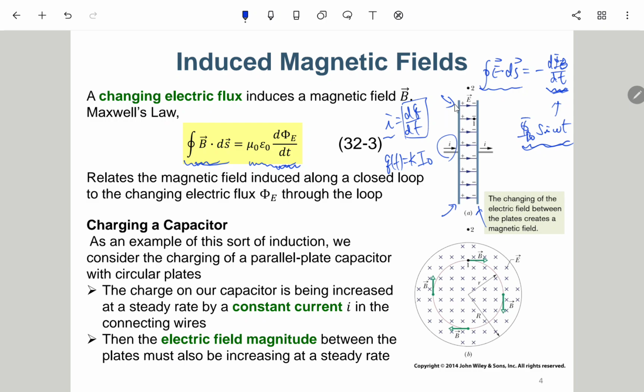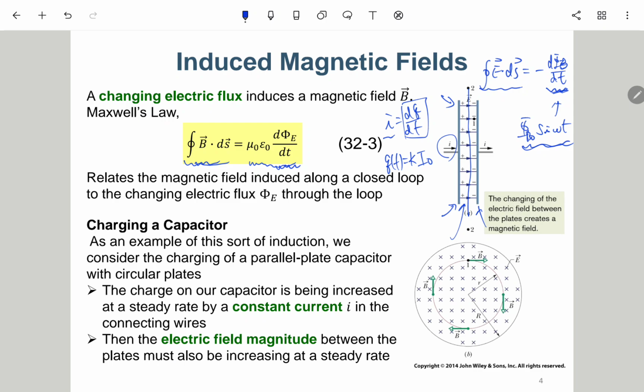If we have increasing charge, the charge density also increases linearly. In that case, there will be a linearly increasing E field. Suppose we consider a cross section of the capacitor.